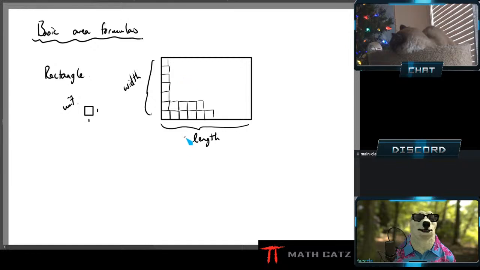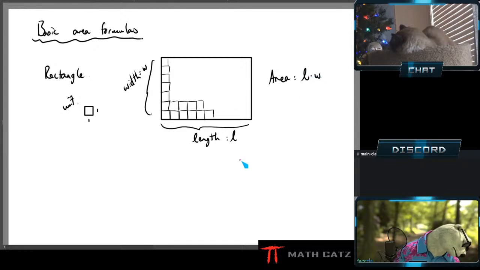You can call it the height as well, doesn't matter. So let's call this L, and let's call this W. Why not? So if I know the length of this rectangle and the width, then by the basic concept of area, the area of this rectangle will be the number of unit squares that can fit, and that will be exactly the length times the width.